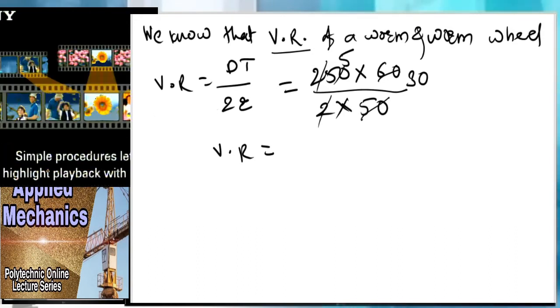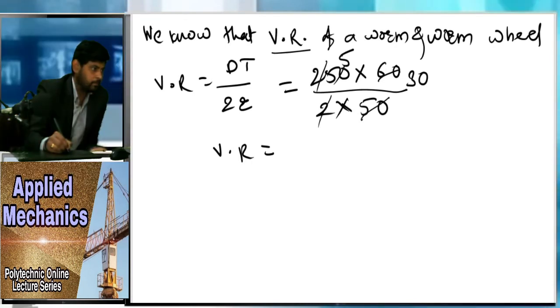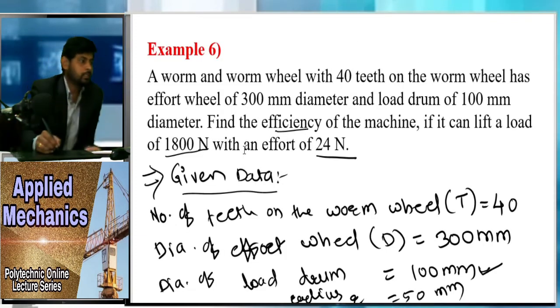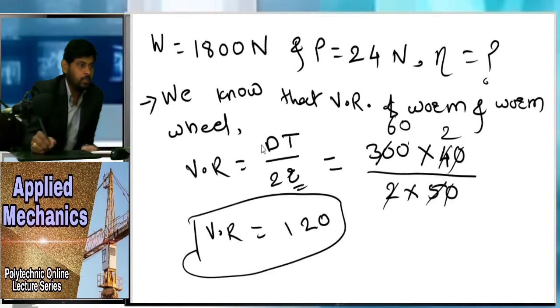One thing you have to see in this equation: in our problem number 6, they are not mentioning any term like double threaded, the number of threads is not given. That's why we have directly taken the formula of velocity ratio as D T upon 2r.